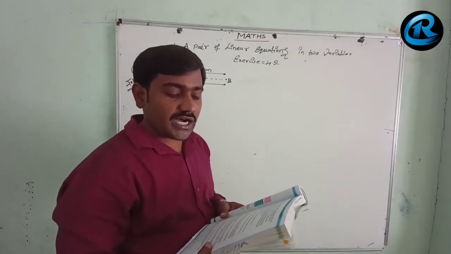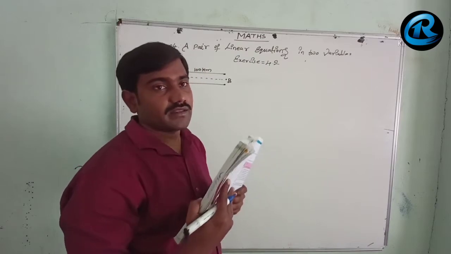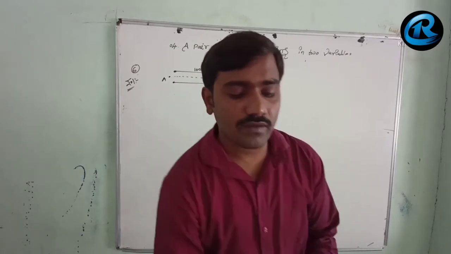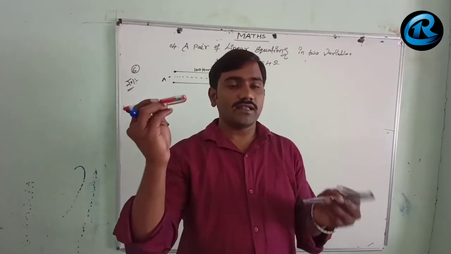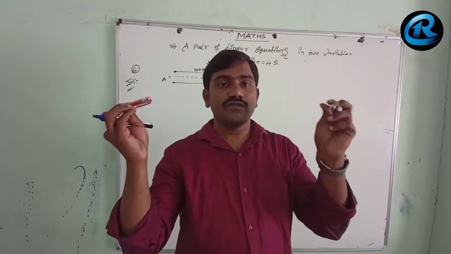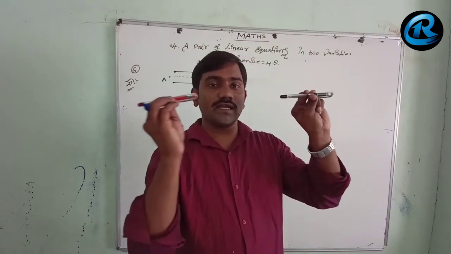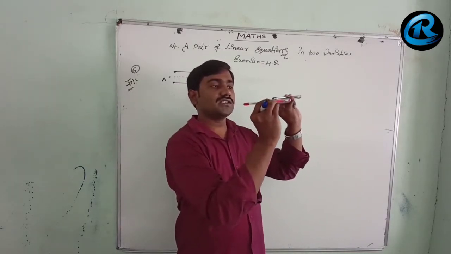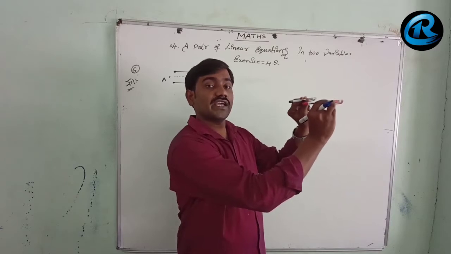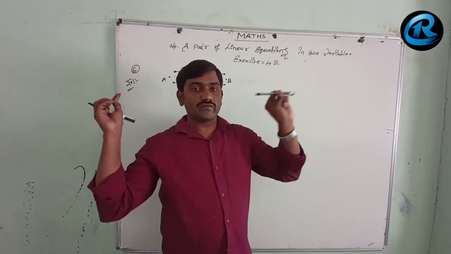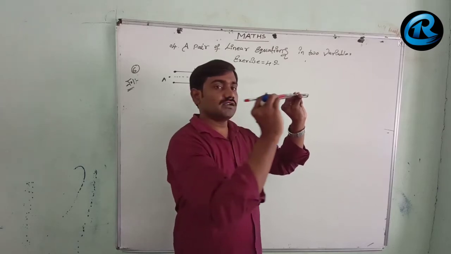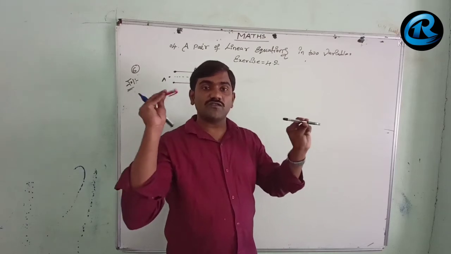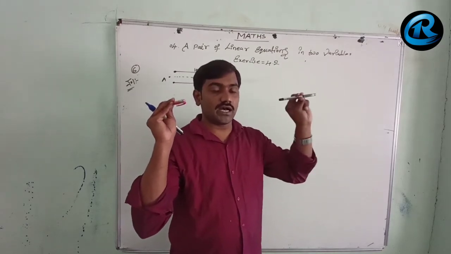If the cars are traveling in the same direction, see, now this is car A and this is car B. If both cars travel in the same direction like this, to meet each other it takes a long time, and the speed of the first car should be more than the speed of the second car.